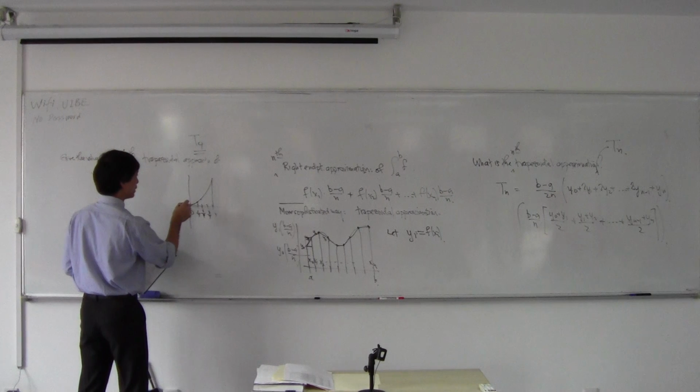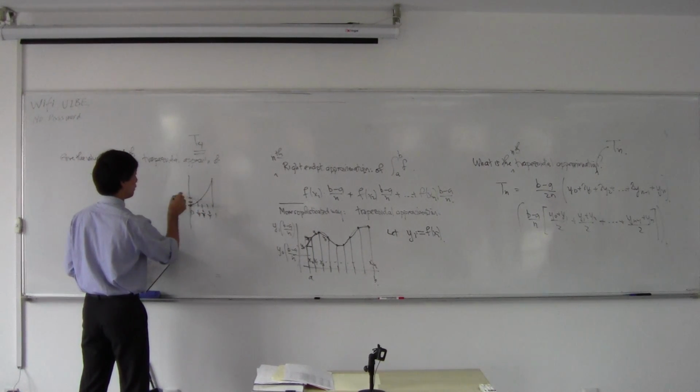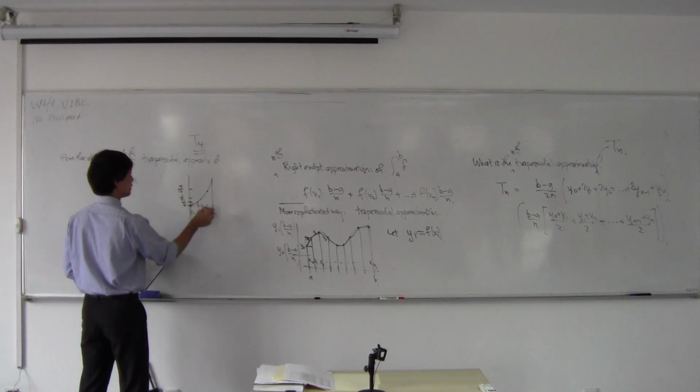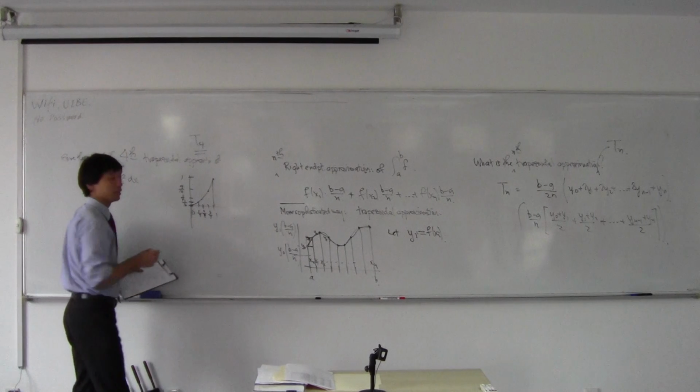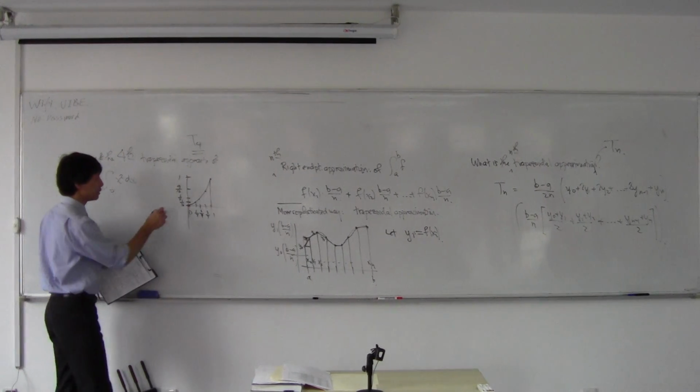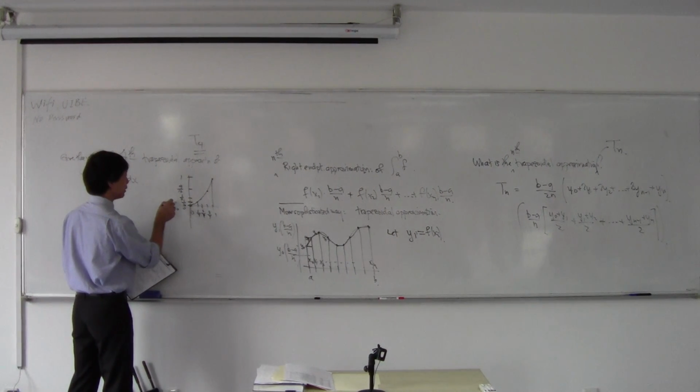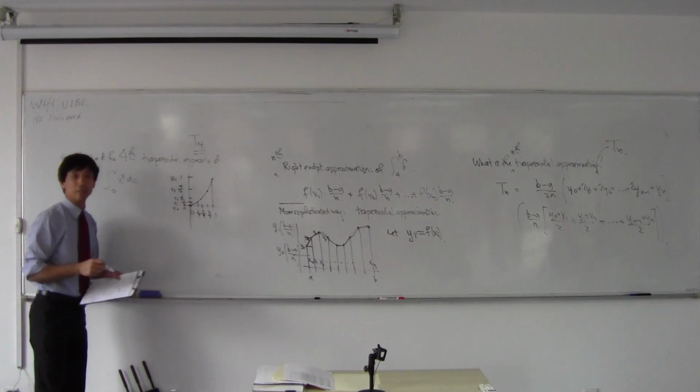So you have these different heights: 0, 1/16, 1/4, 9/16, and 1. Those are your y's: y0, y1, y2, y3, and y4.